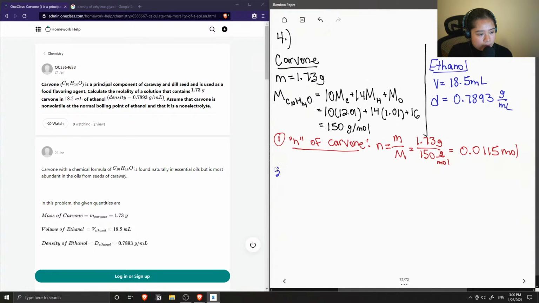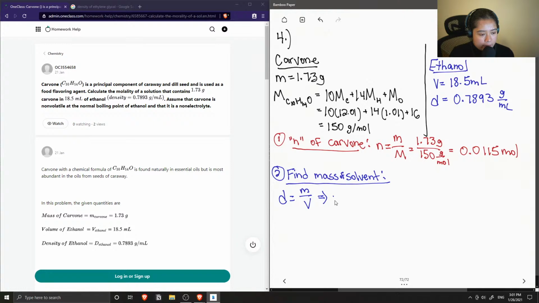So step 2 is to find the mass of our solvent. So let's recall that density is equal to mass over volume.